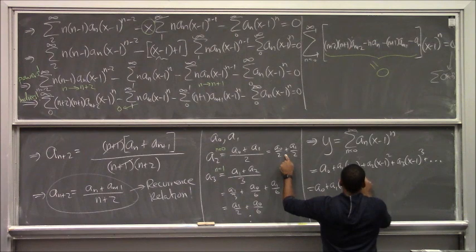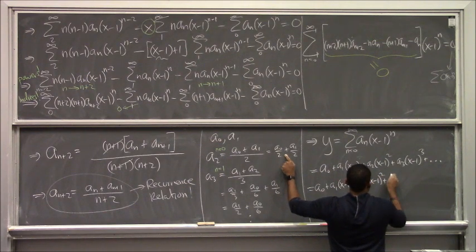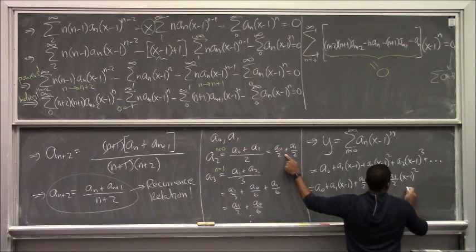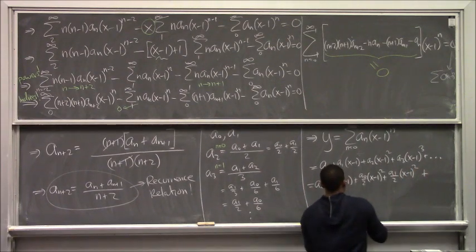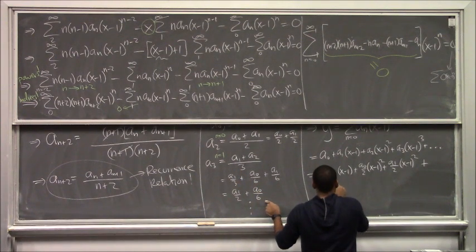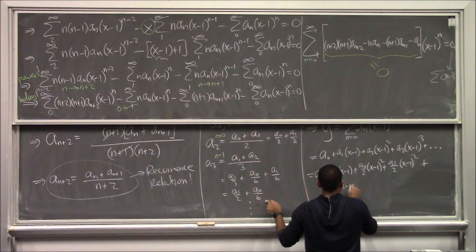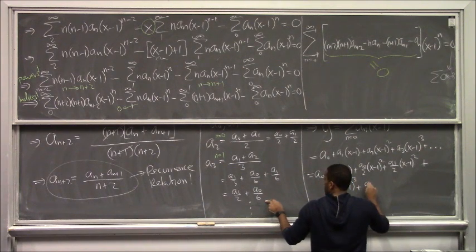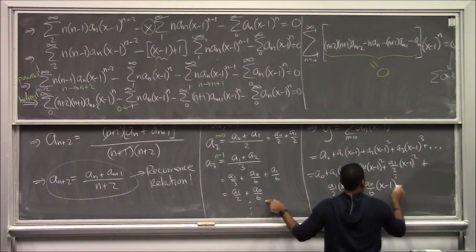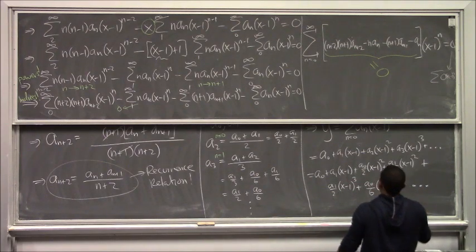So I'm going to have an A0 over 2 times (x minus 1) squared plus an A1 over 2 times (x minus 1) squared, plus the A3 is going to split into 2 parts. That's an A1 over 2 times (x minus 1) cubed plus an A0 over 6 times (x minus 1) cubed plus dot, dot, dot.